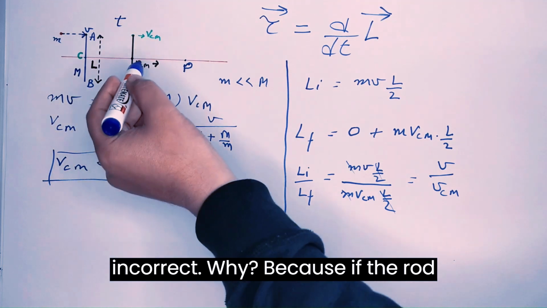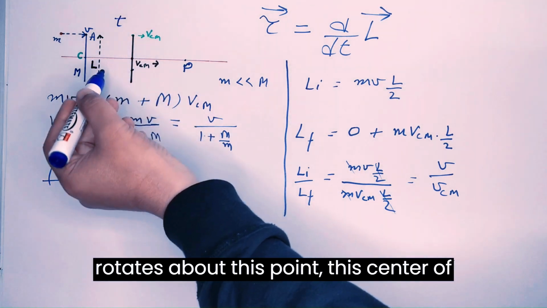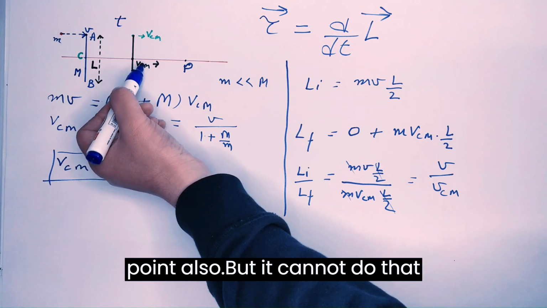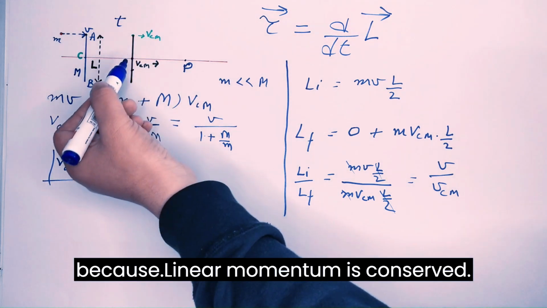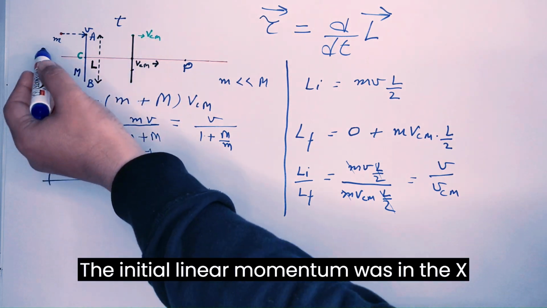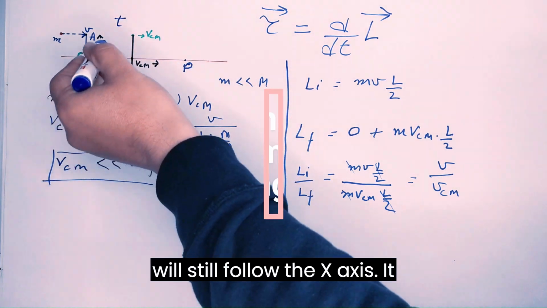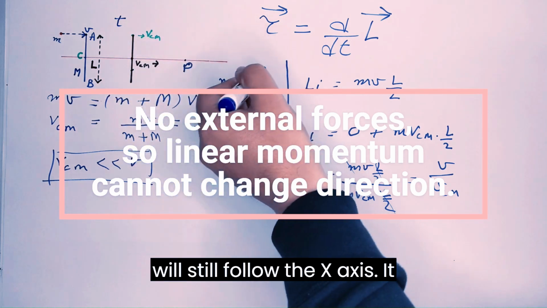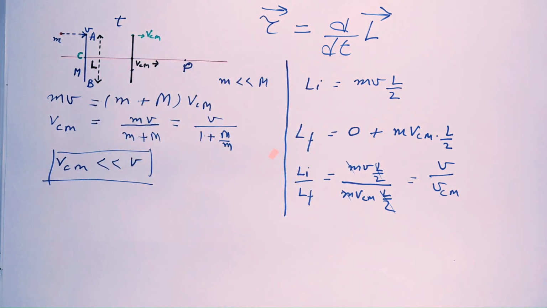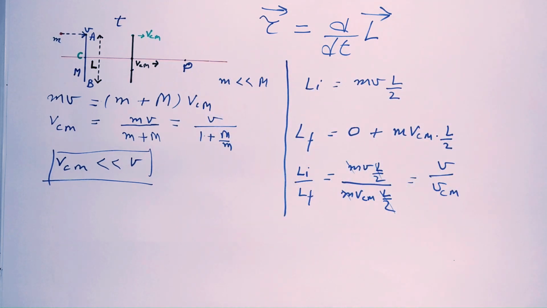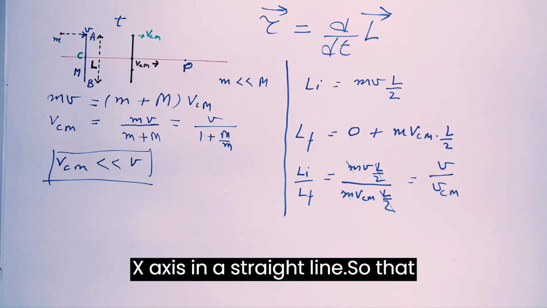Why? Because if the rod rotates about this point, the center of mass will have to rotate about this point also. But it cannot do that because linear momentum is conserved. The initial linear momentum was in the x-axis direction, so the final momentum will still follow the x-axis. It cannot change direction. So VCM must move towards the x-axis in a straight line.